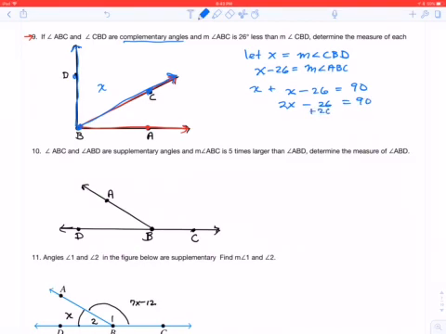Then I'll add 26 to both sides. I get 2x equals 116, or x equals 58. So the other angle, angle ABC, was 26 degrees less than that. So 58 minus 26 is 32 degrees.